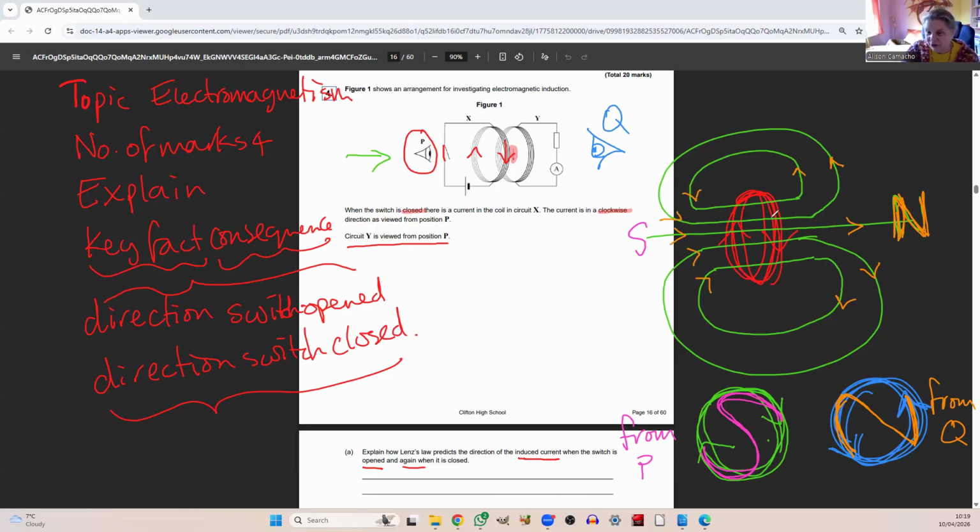Inside the magnet, inside the solenoid, you'll notice it's the other way around. So please, please, please be aware that it's from north to south outside a solenoid. How would you figure it out without the shortcut? Oh, you'd have to do Fleming's left-hand rule on a wire. It's not simple.